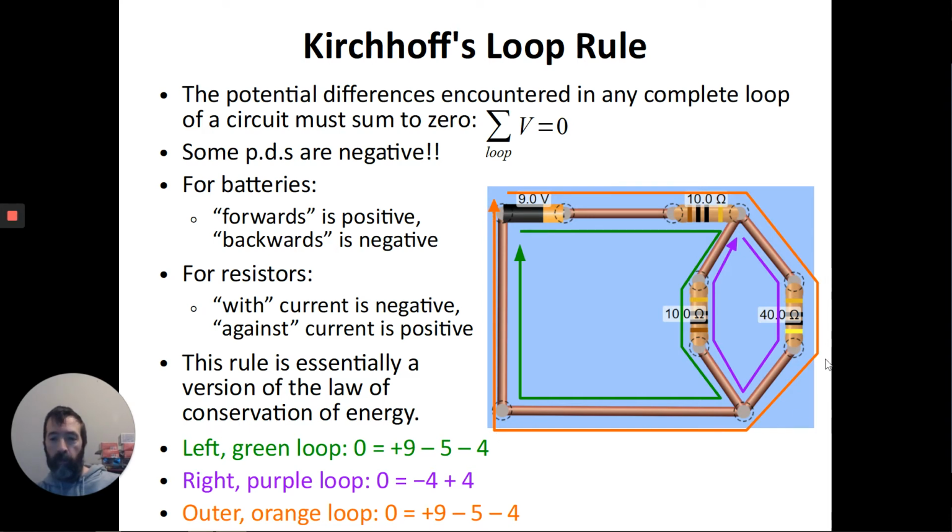Then I'm going uphill through this resistor, so it would be +4. Uphill through this resistor, +5. So it looks just like the equation I wrote, except all the signs are flipped. So the direction you choose does not matter, as long as you know the current direction so that you can put proper signs on your resistor terms.